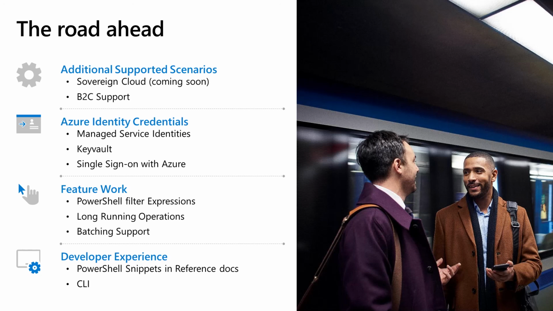Which brings us to our last bullet point, which is definitely not least. The CLI is a capability that we are going to build using a very similar set of techniques. We use the AutoRest PowerShell generator for generating our PowerShell library, but the AutoRest team have also built a CLI generator.